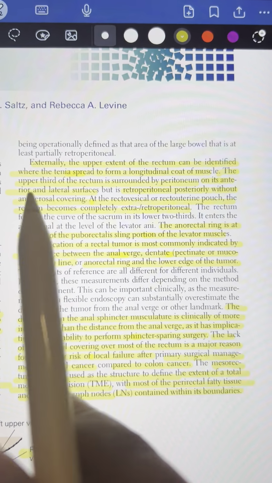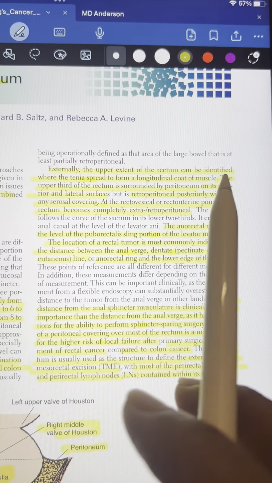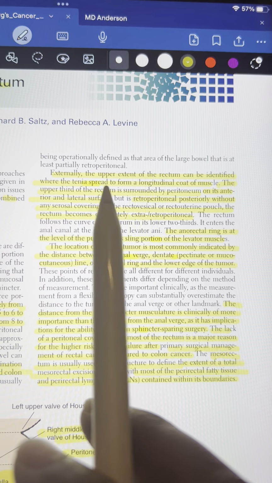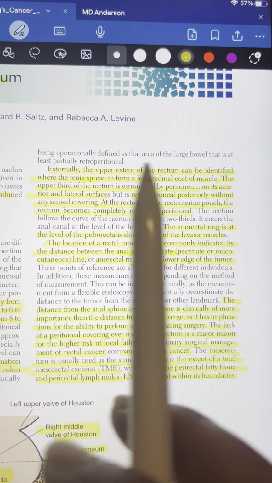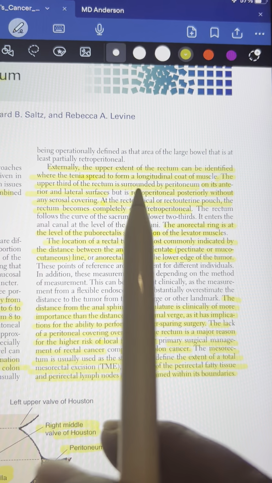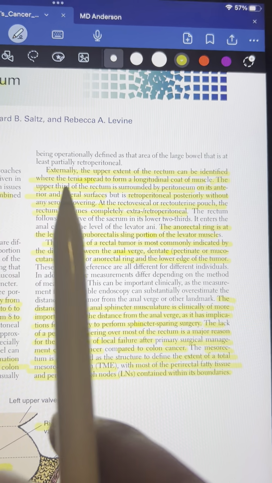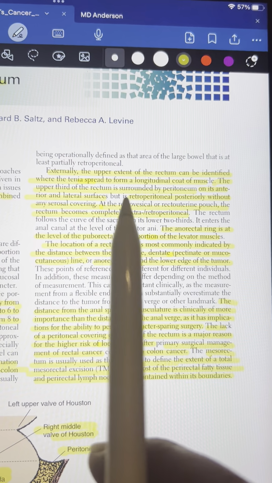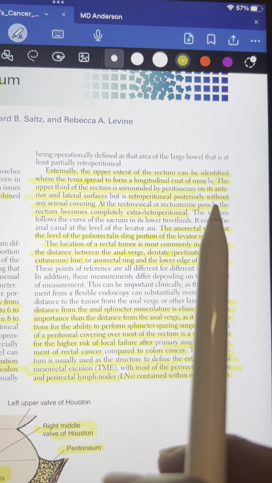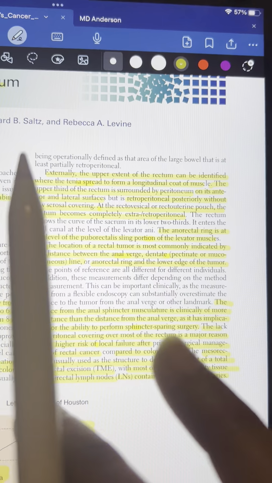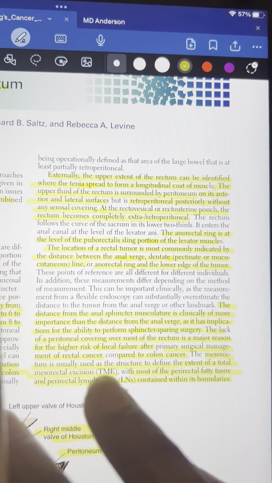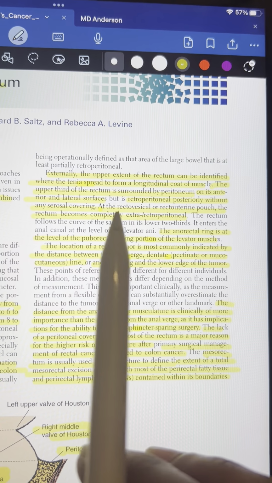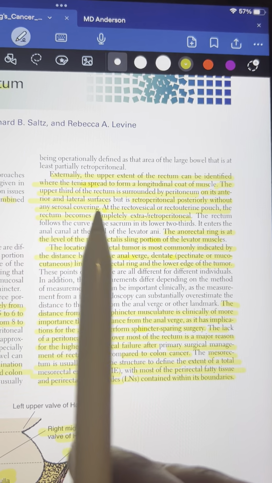Externally, the upper extent of the rectum can be identified where the taeniae spread to form the longitudinal coat of muscle. The upper third of the rectum is surrounded by peritoneum on its anterior and lateral surfaces but is retroperitoneal posteriorly, without any serosal covering.